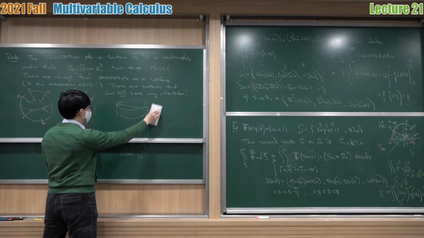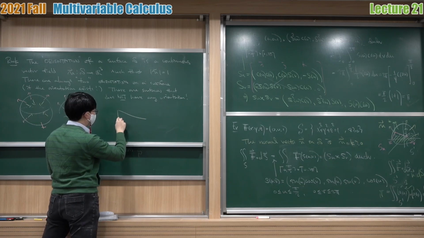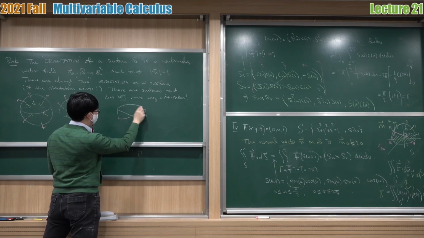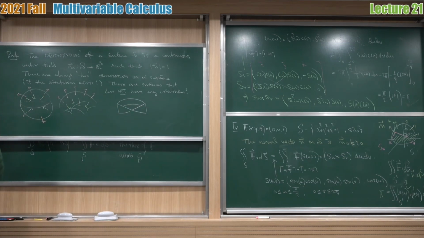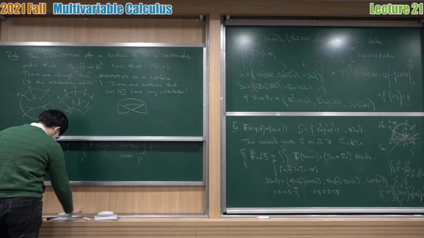Okay, this is the Möbius band. So you twist once, not 360, just twist 180, and then glue this together. You get the Möbius strip.